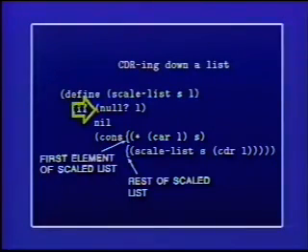But in any case, if I'm looking at the end of list pointer, then I just return the end of list pointer. I just return nil. Otherwise, I cons together the result of doing what I'm going to do to the first element in the list, namely taking the car of L and multiplying it by S. And I cons that onto, recursively, scaling the rest of the list.